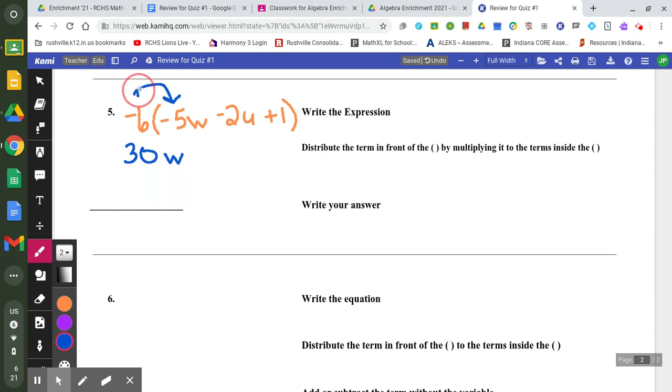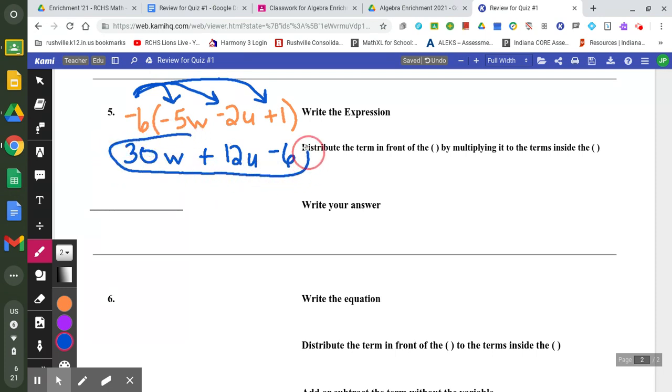And then negative 6 times negative 2u would be a positive or plus 12u. Negative 6 times a positive 1 is a negative or negative 6. And these terms are all different from each other, so we can't combine anything. So that is our answer.